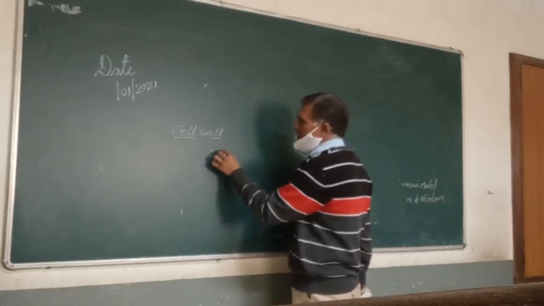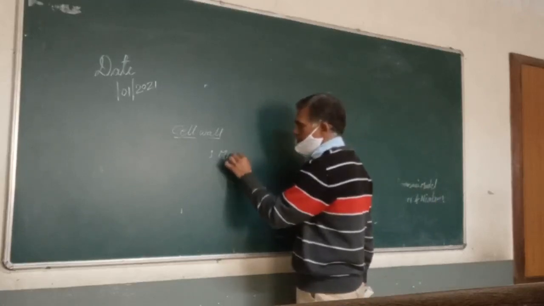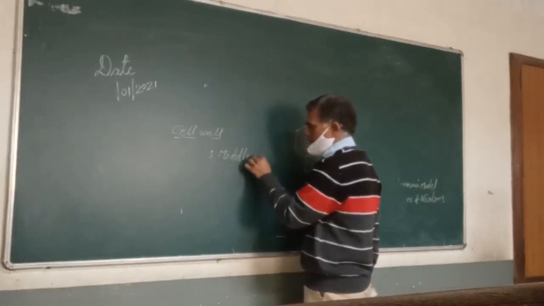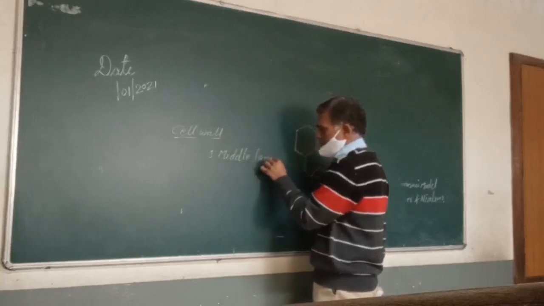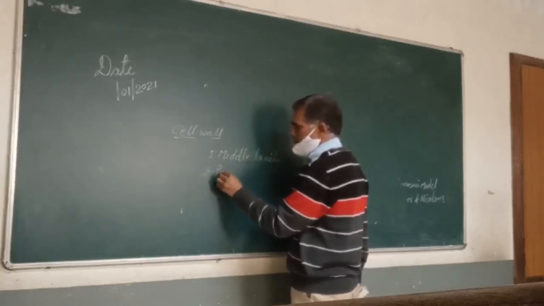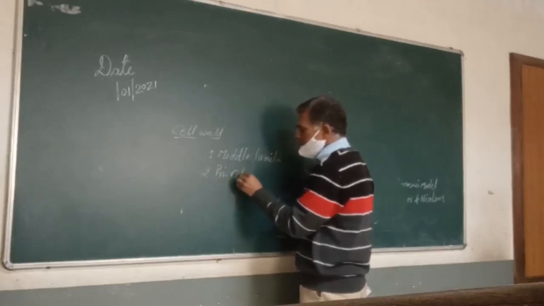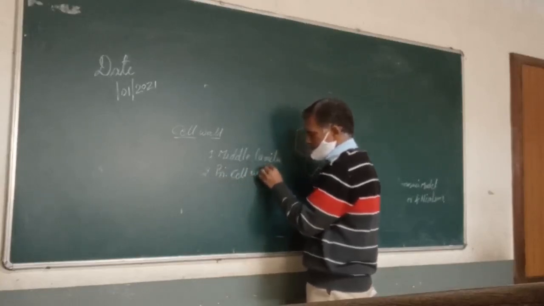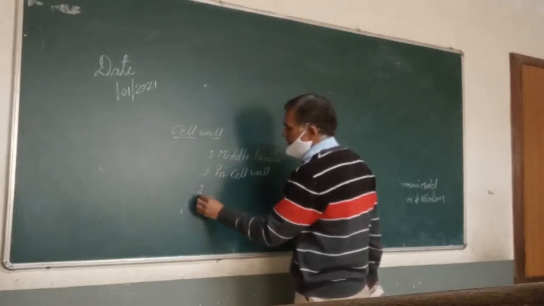First is the middle lamella, second is the primary cell wall, and third is the secondary cell wall.